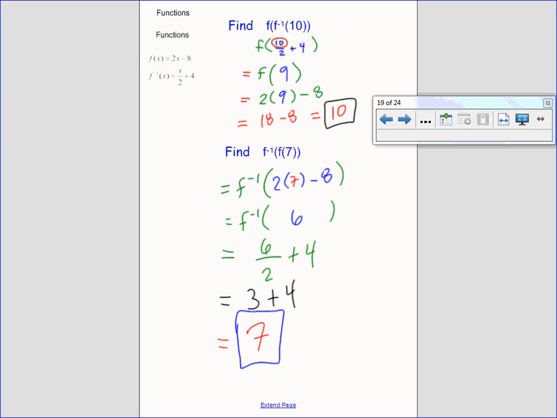The two input values that they gave us were the value that we ended up getting because they're inverses of each other. Yeah, the input value in the first one was x equals 10. We evaluated my inverse function at x equals 10, took the intermediate value, plugged it into my outer function, the original, and I produced 10. In the second function composition, I put in an x value of 7 into the original. I evaluated the inverse function now at that intermediate value, and I got 7 right back out.